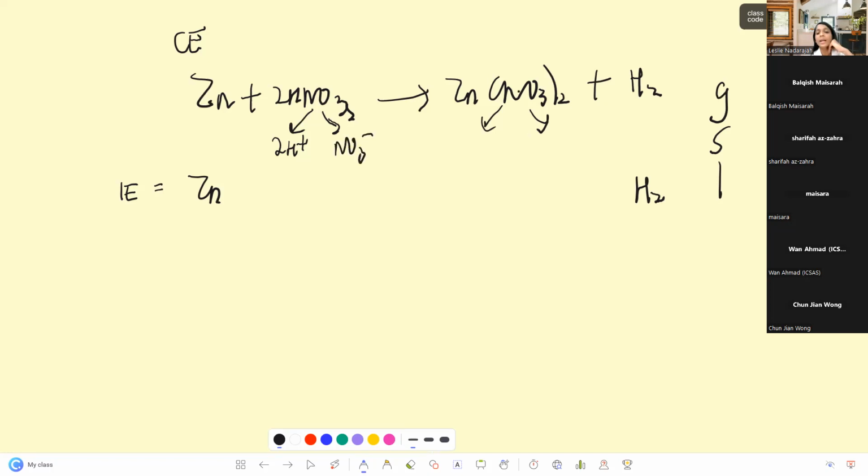Now on the other side, if teacher is going to break zinc nitrate, what do I get? Zn2+, not Zn only. Whenever an aqueous solution, when I want to break them up, they become ions. What's the other side? Okay, 2NO3-. Correct. What is the same before and after the arrow? NO3-. Very good. So teacher can cancel them off.